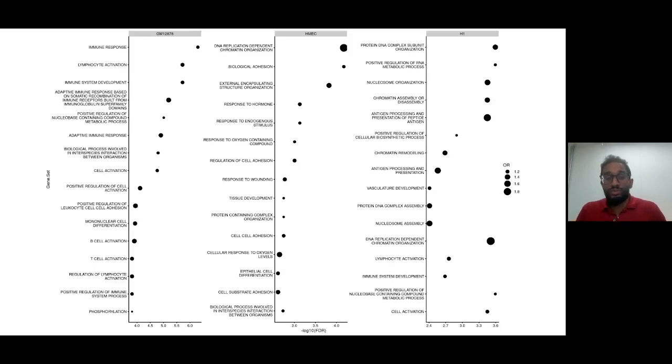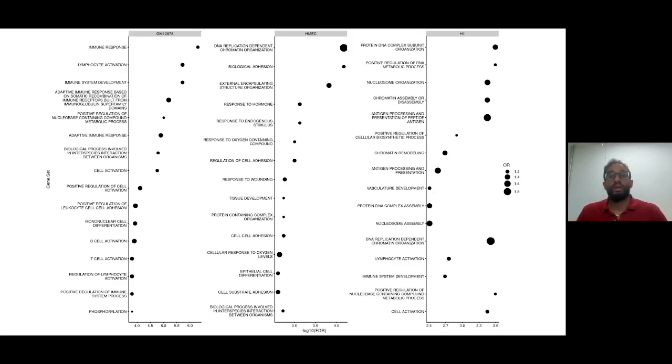What I'd like you to observe here is that for all three cell lines, there are very specific types of gene sets that seem to be highlighted and enriched in those particular hubs. In the case of GM12878, which is an immune cell line, we tend to find an enrichment in immune function.